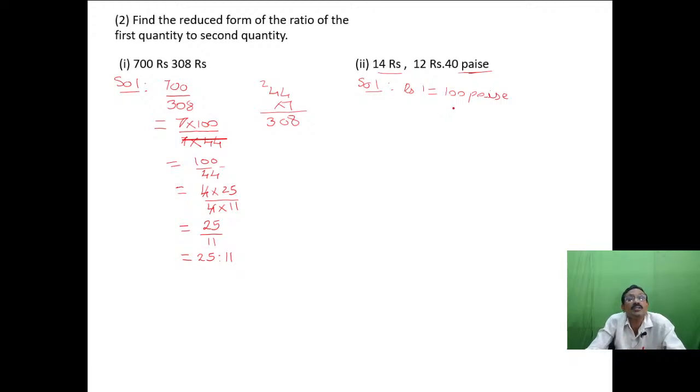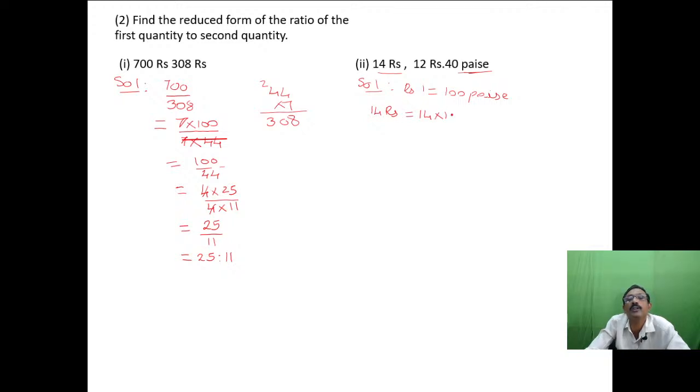So based on this, we are going to see how many paise 14 rupees has got. 14 rupees is equal to 14 multiplied by 100, because we have to convert this into paise.